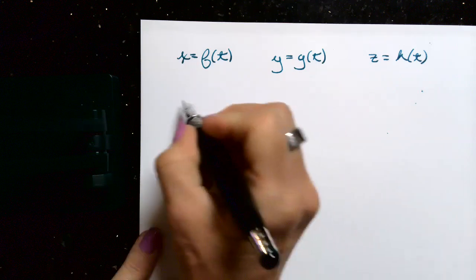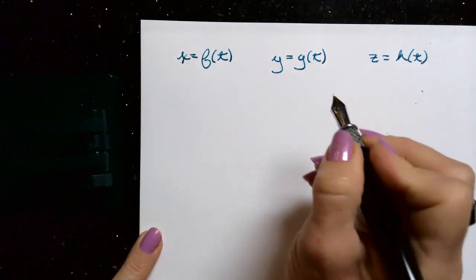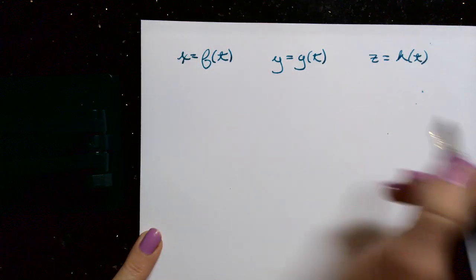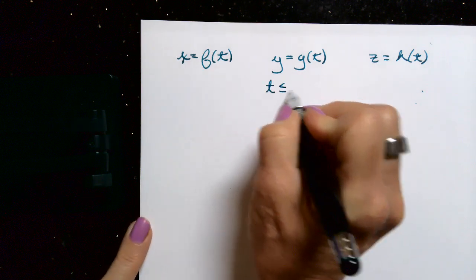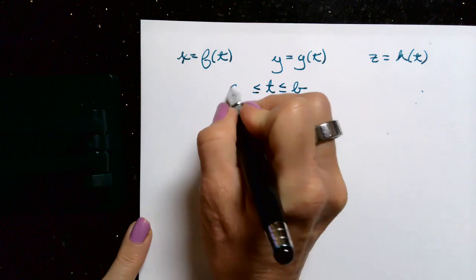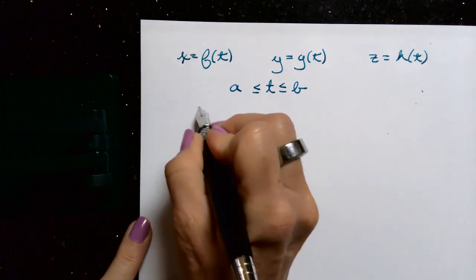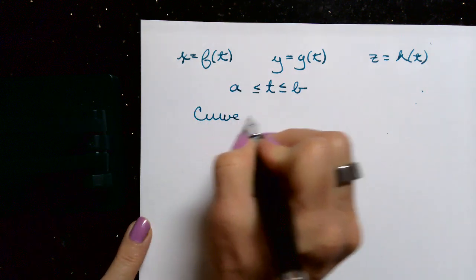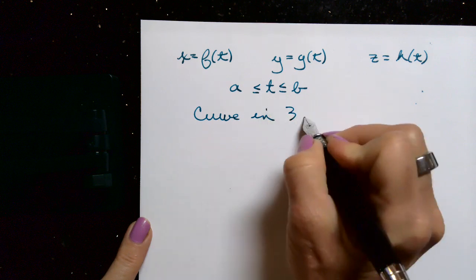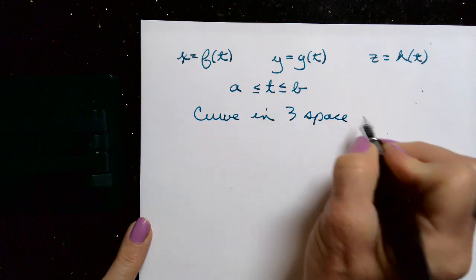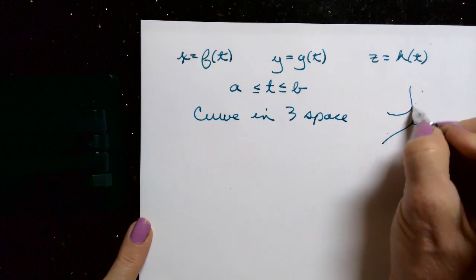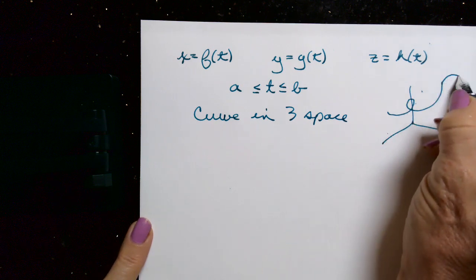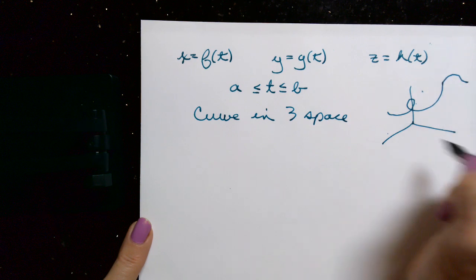That traces out some curve in space as t ranges over some set of values. Let's say t goes between a and b. So this gives us a curve in 3 space, some curve running around like this, somewhere in 3 space.